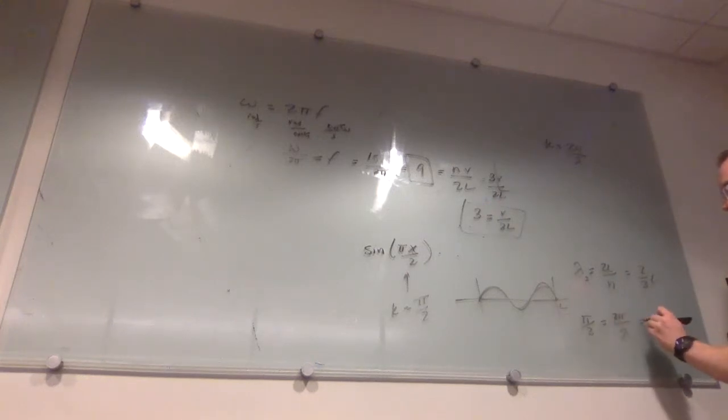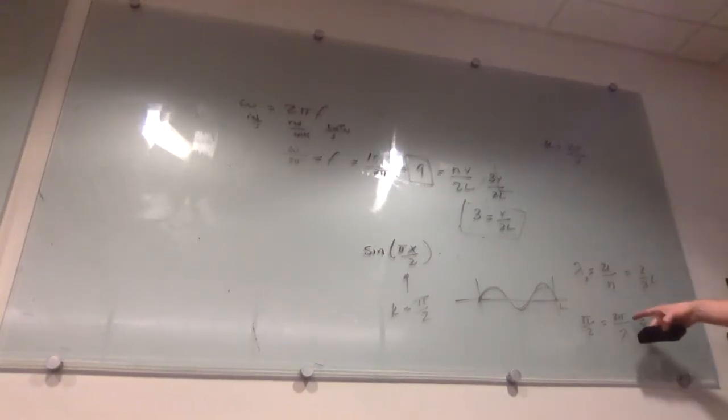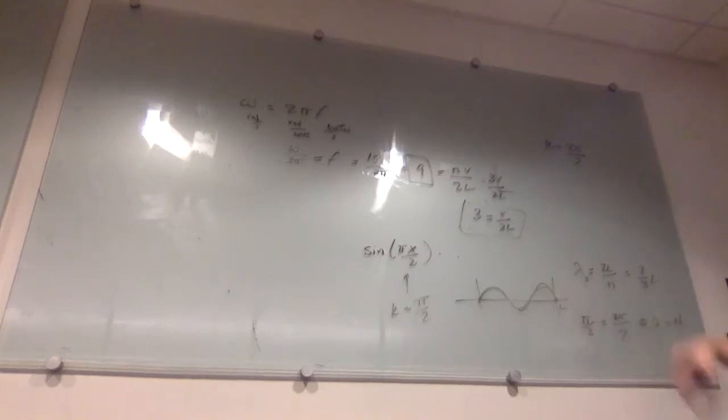And then we get, therefore lambda is 4, right? So move the 2 over, we get 4 pi, and then the pi's cancel, and move the lambda.